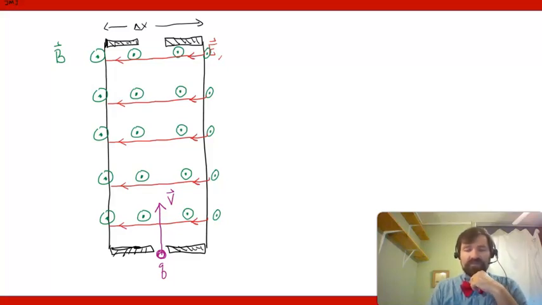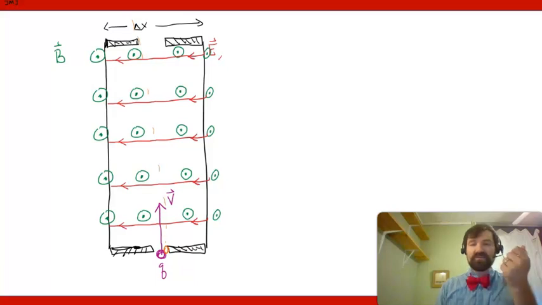What that means is, in principle, I could have a particle that rather than entering here as drawn, could maybe instead enter over here on this edge and be deflected very slightly by the magnetic field so that it comes out this edge. Notice that it's made a slight deflection here.